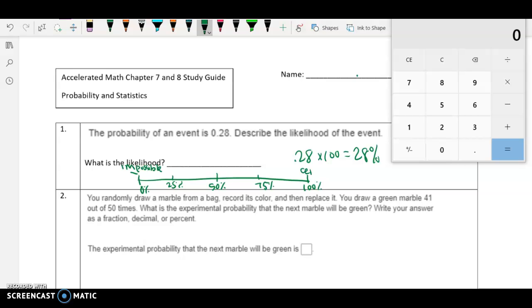This is certain. This is equally likely as not. I'm just going to write equal. This is likely. And then we have unlikely. So 28% is closest to unlikely, so our answer is unlikely.